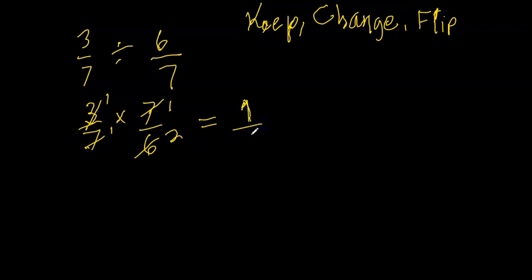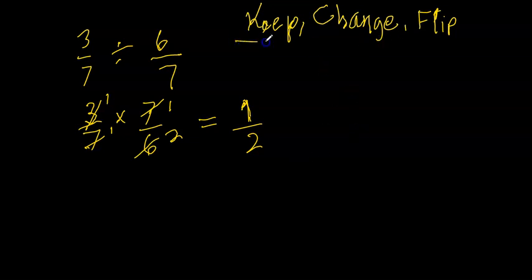And then we multiply the denominators to get our denominator. So 3/7 divided by 6/7 gives us half, right? And the code is keep, change, flip. Keep the first fraction, change the operator from division to multiplication, and flip or find the reciprocal of the second fraction, right? That's easy to do.